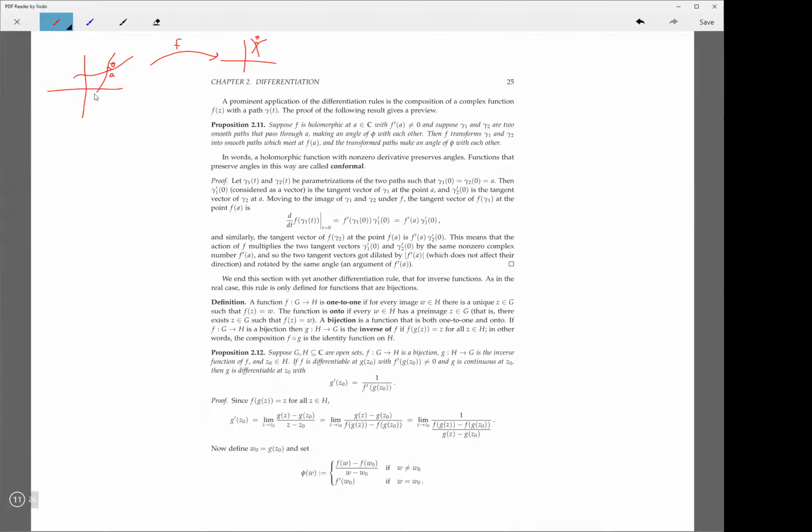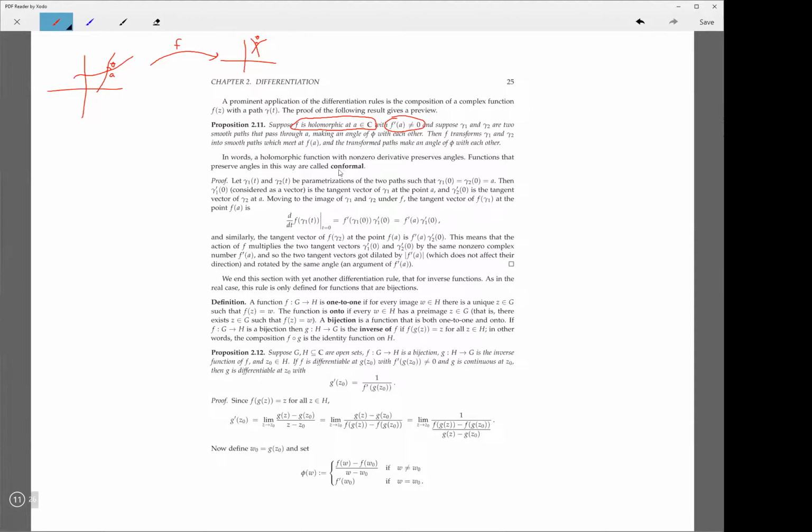If you map these curves and take the image of it, then the angle between the curves is still going to be the same. But you have to have f being holomorphic at a, and you also have to have the derivative at a not being 0. So these are going to map to curves, and the new curves will have the same angle between them.